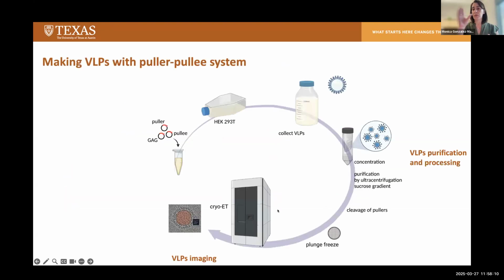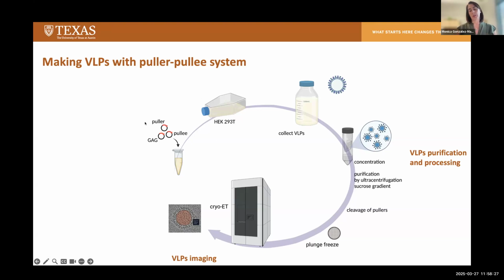The workflow to get the VLPs was to co-transfect 3 different plasmids: one with the Gag protein, another with the puller or the streptavidin, and a third with the receptor.